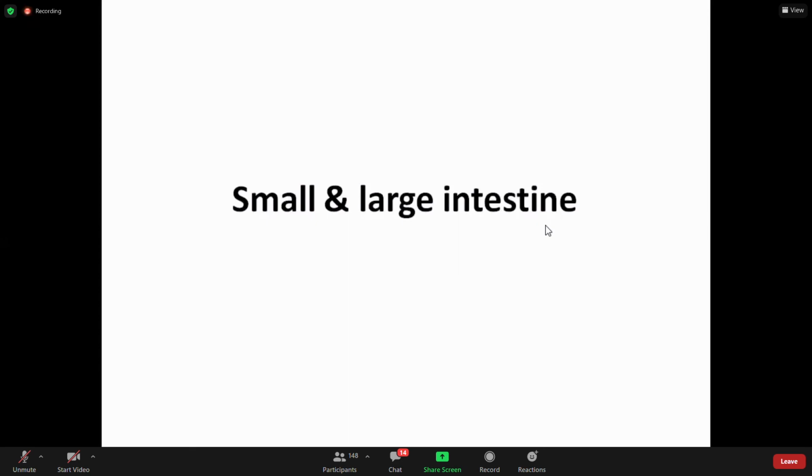Okay, so you want to know about, Shivani, you want to know about the vasa recta. See, as I mentioned, the small intestine is a part of the midgut, and the main artery responsible for the midgut is your superior mesenteric artery, right?